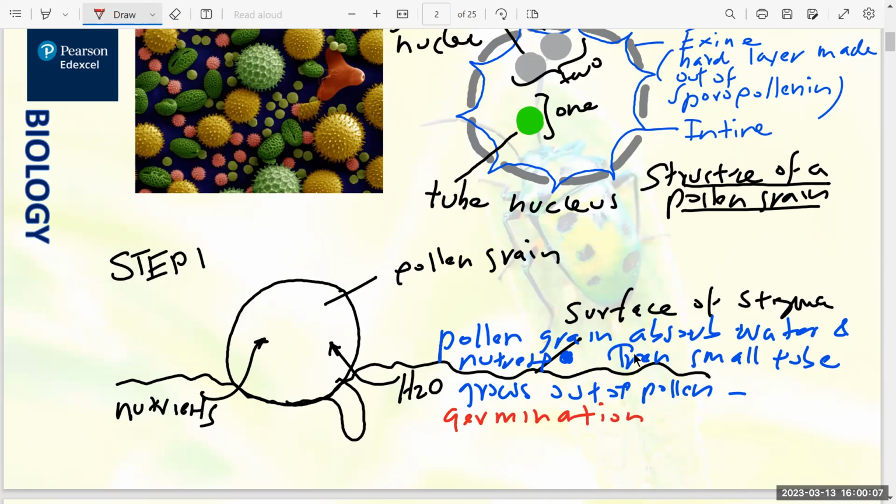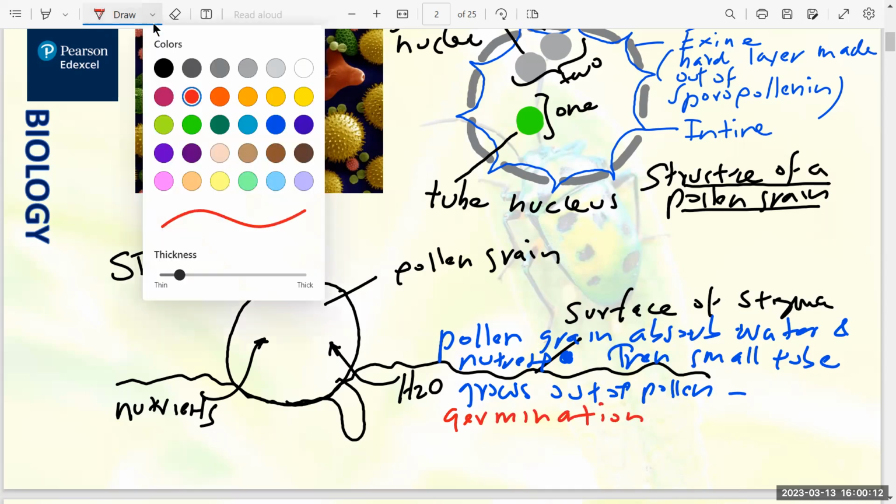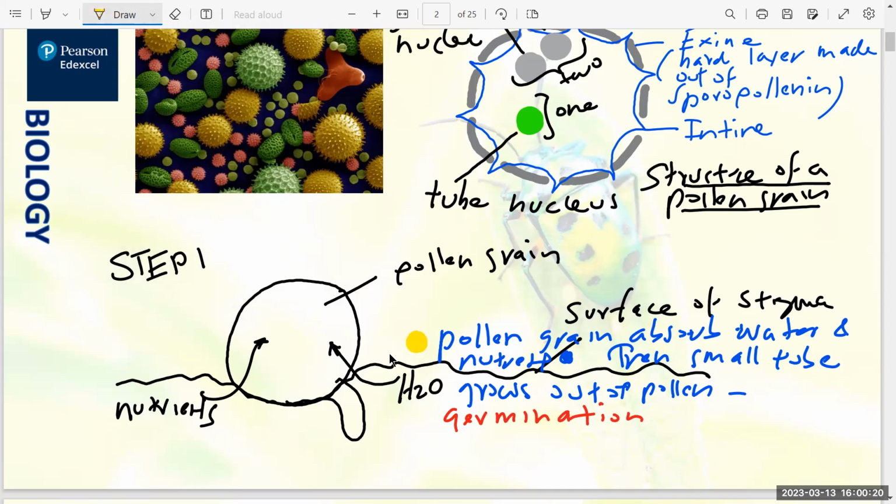That means the first step is germination. So pollen grain absorbs water and nutrients from stigma. Then a small tube grows out of the pollen grain. So step one is the germination. So can you write it down? Step one is the germination.